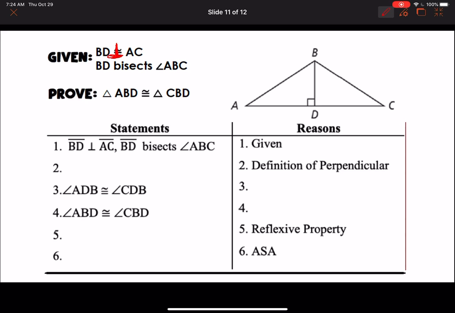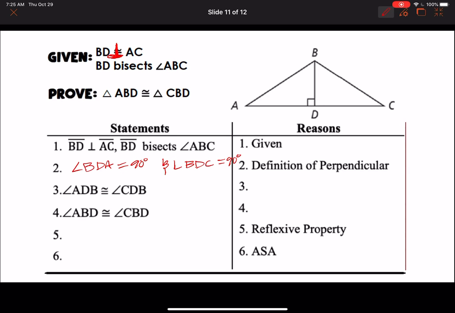All right, and the definition of perpendicular tells us that angle BDA is going to equal 90 degrees, and angle BDC is also going to equal 90 degrees.